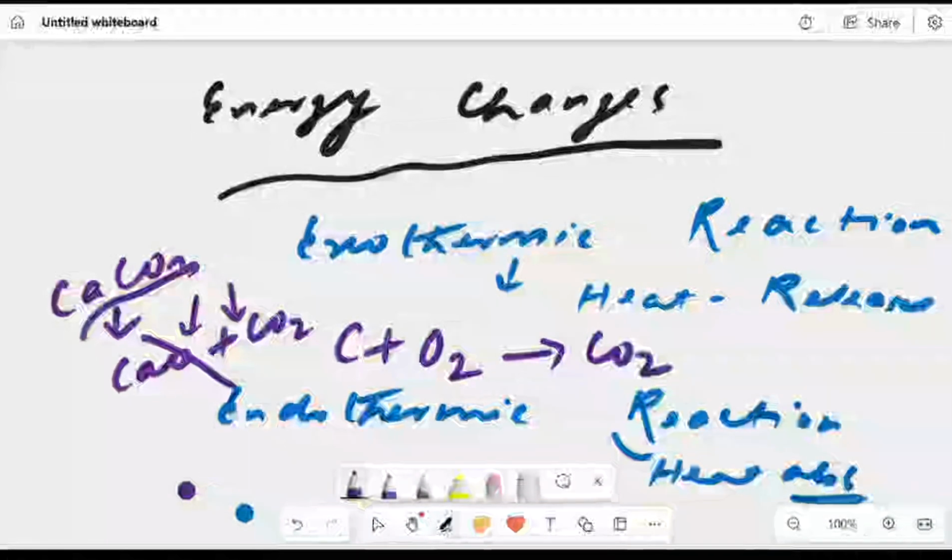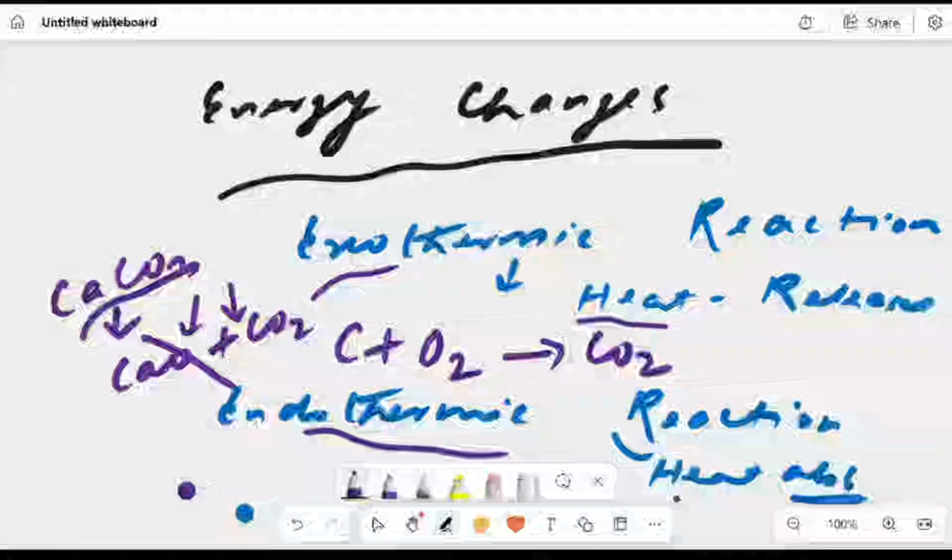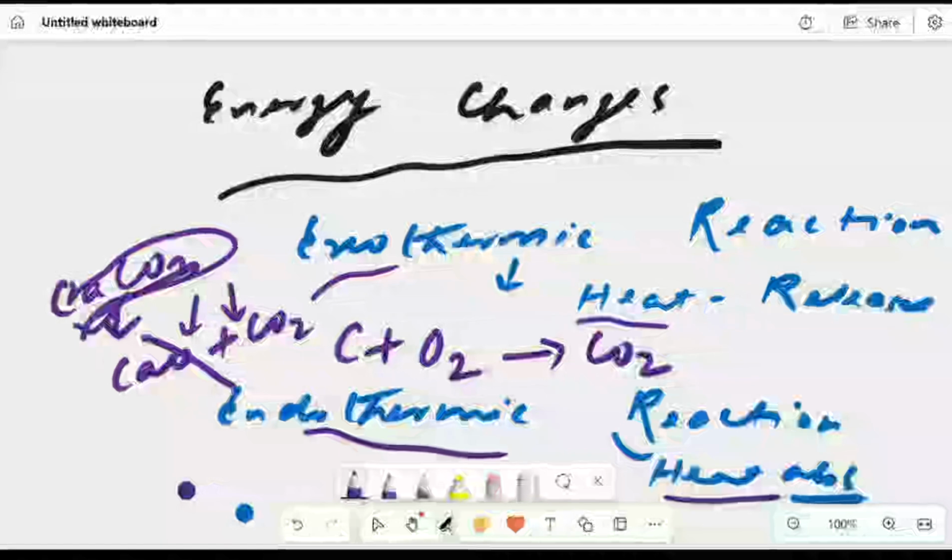Clear? So on the basis of energy changes, we have exothermic reactions where heat is released, C plus O2 gives CO2, and endothermic reactions in which heat is absorbed and the substance is broken into simpler ones, CaCO3 into CaO plus CO2.